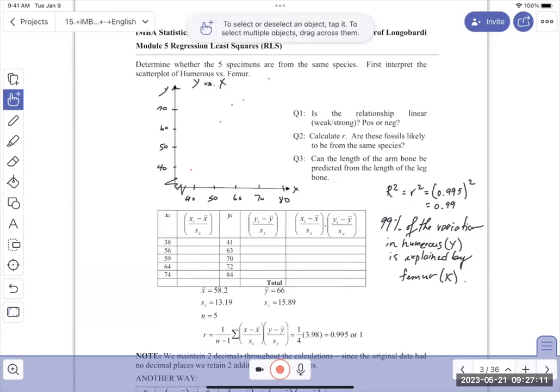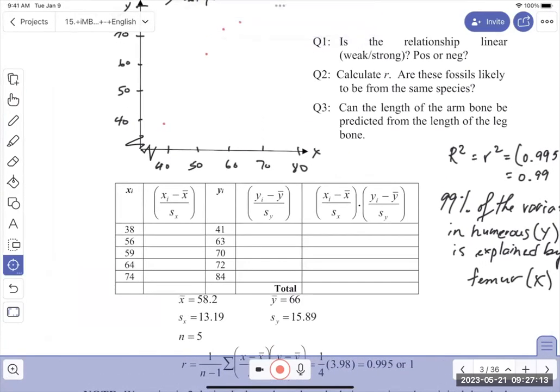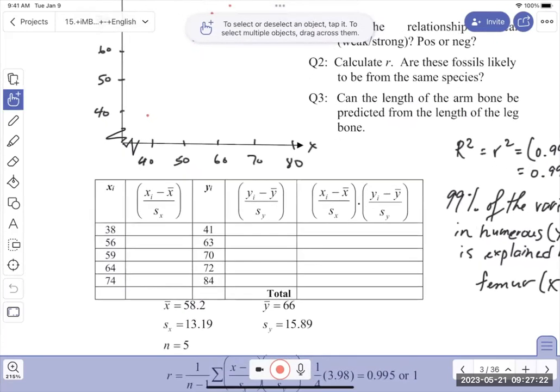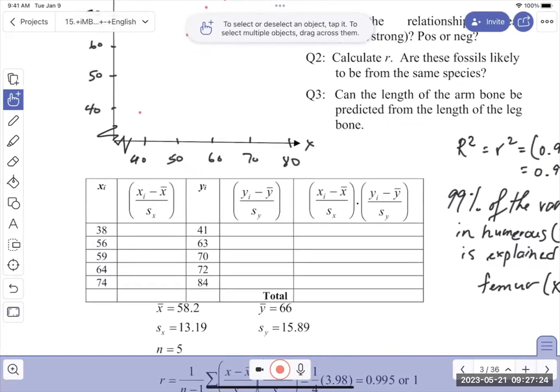So if I take 38 and I minus its mean and I standardize that, what do I get? Let me do this in Excel as well.